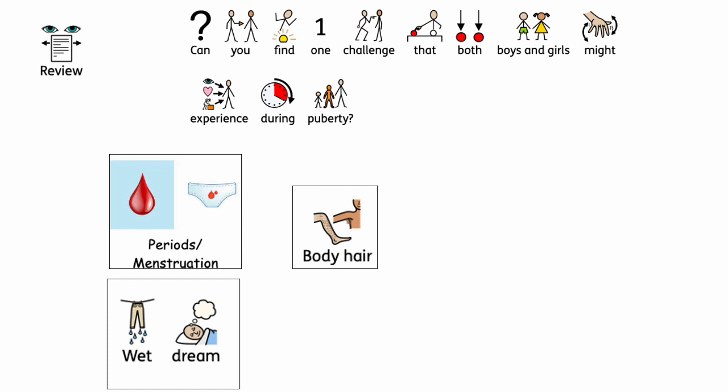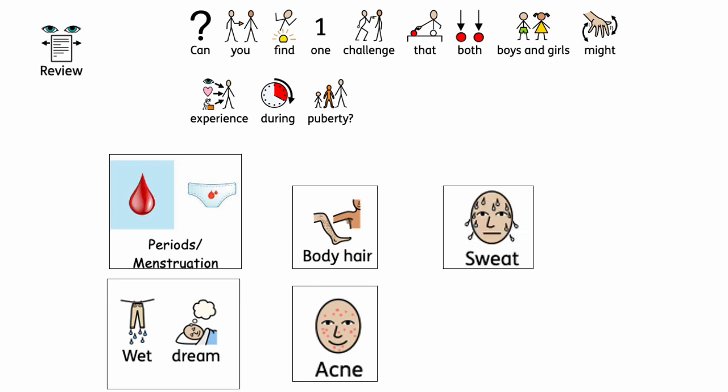So the suggestions are periods and menstruation, body hair, acne, sweat, wet dream, voice break. Which of those do both boys and girls possibly experience during puberty? And to stretch yourself any further, are there any other challenges that both boys and girls might face?